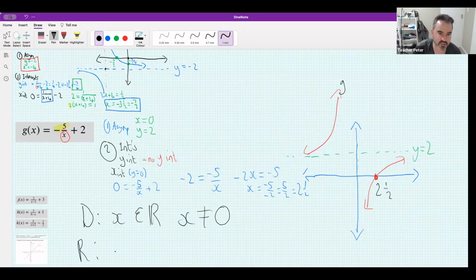For the range, we say y can be any value, except it may not be the asymptote. The asymptote was 2, so y may not be 2. So what domain says is all the allowed x values, and all the allowed x values are everything except 0. And for the range, it's everything except 2. Right. Does that help with domain and range?